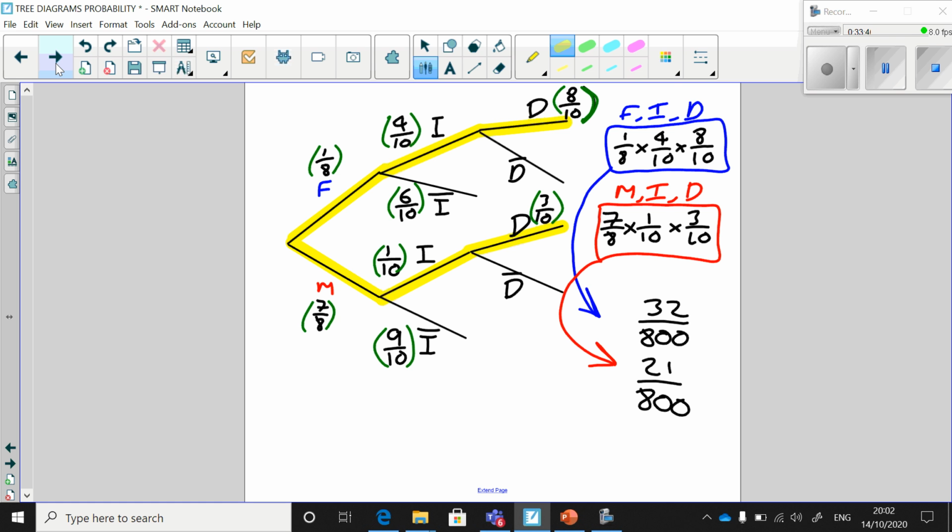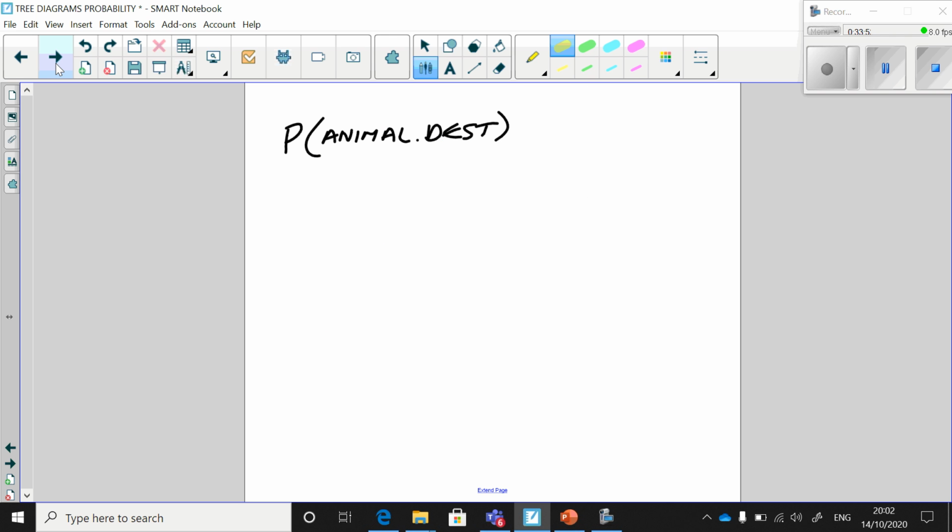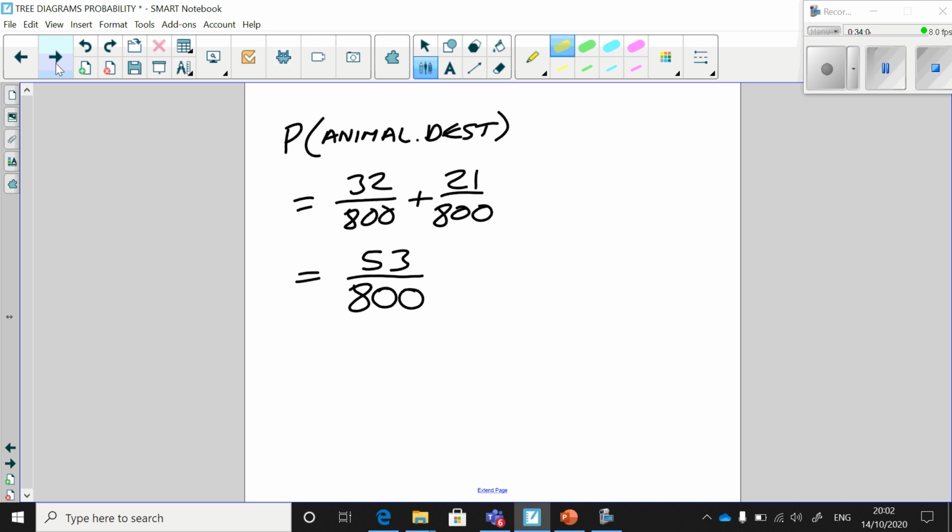So I've got 2 possible outcomes there. So just take them. The probability of an animal being destroyed here is the sum of those 2 probabilities. 32 over 800 plus 21 over 800, 53 over 800. You could leave it like that, or you could decimalize it. 0.06625.